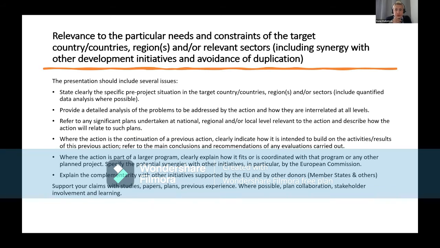You should also include quantified data analysis if it is possible, if it is relevant. Then you should provide a detailed analysis of the problems to be addressed by the action and how they are interrelated at all levels. So focus on the problems.